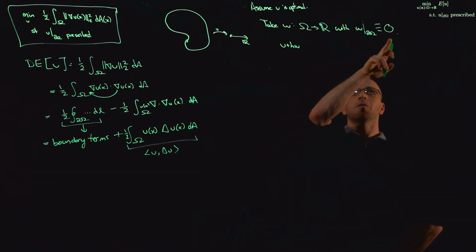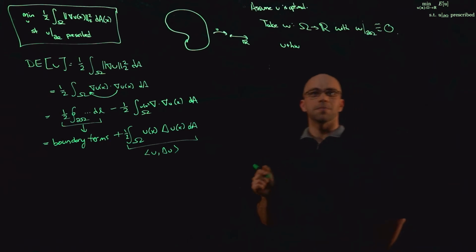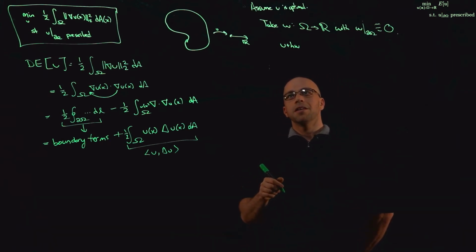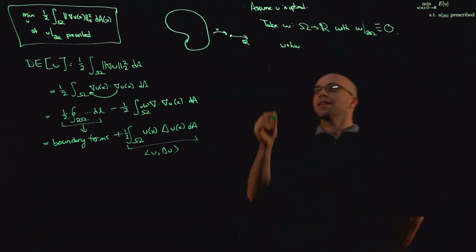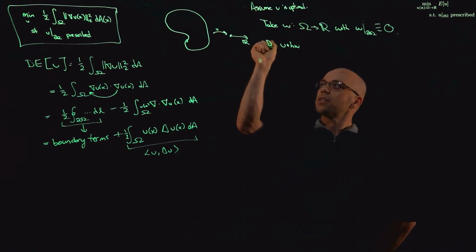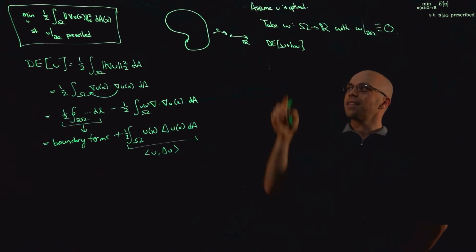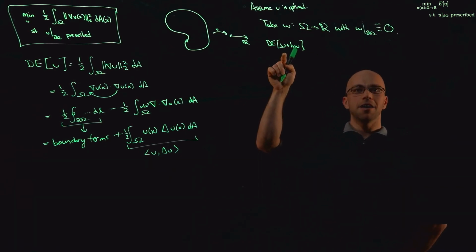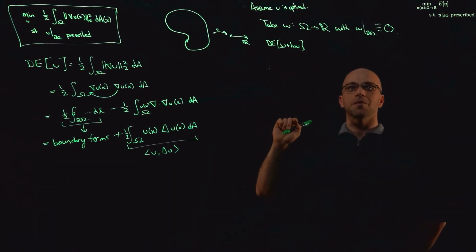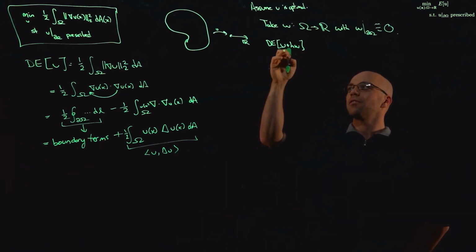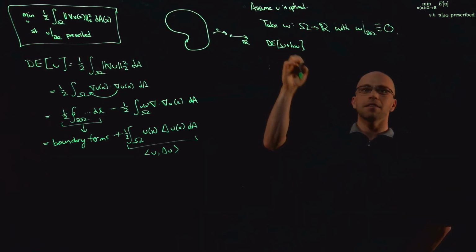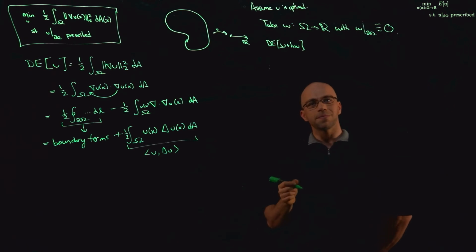Because essentially, we're just not messing with the values on the boundary. So what are we going to do? Well, as always, we'll compute the Dirichlet energy of u plus hw, right? This is some function on our domain omega, right? So when h is equal to 0, it's our function u. And as h increases, it's some perturbation of our function u.